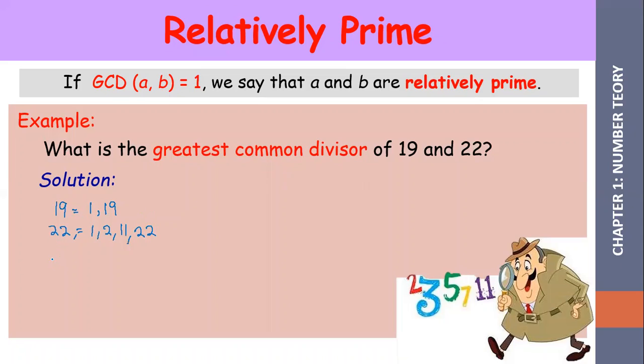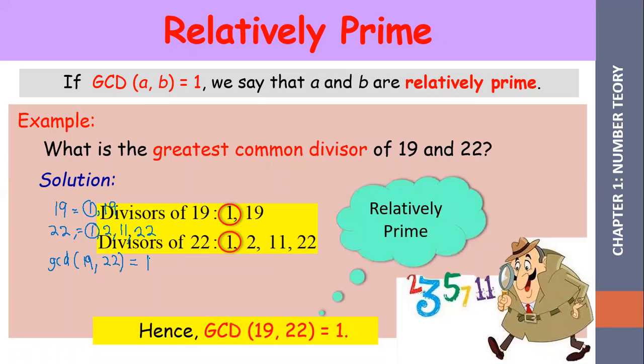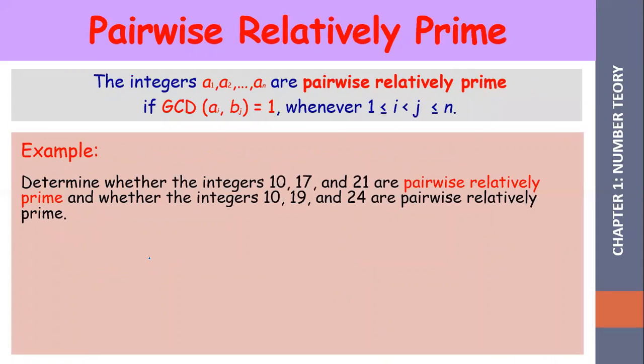So what is GCD(19, 22)? It is 1. So we can say that the integers 19 and 22 are relatively prime. All right, so that's the idea.